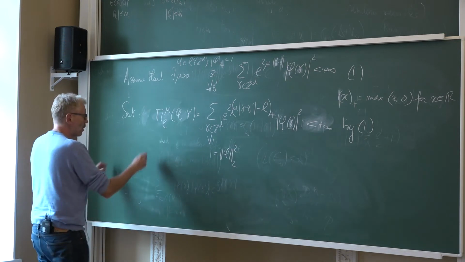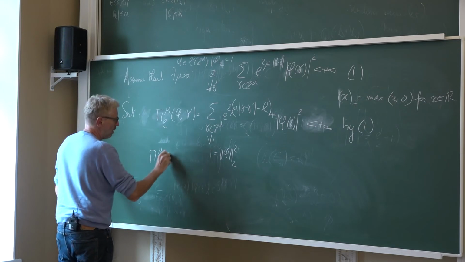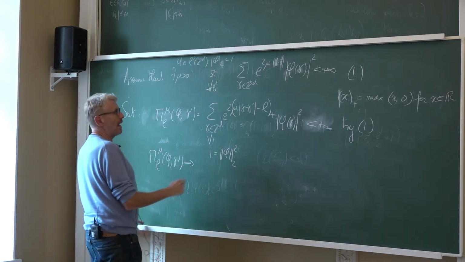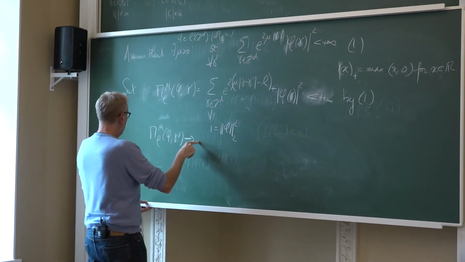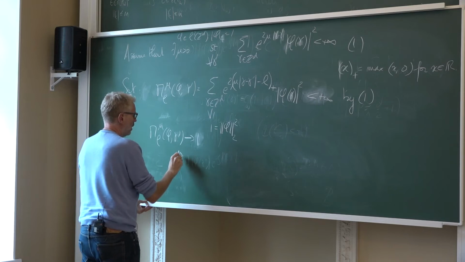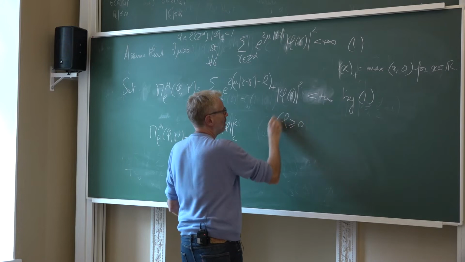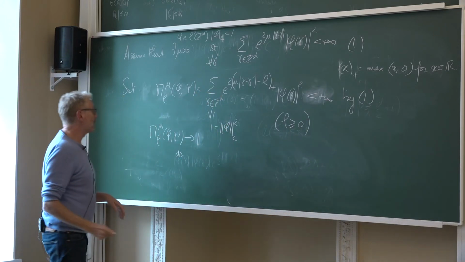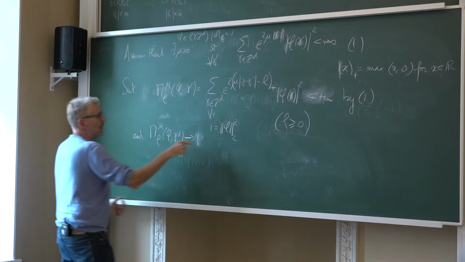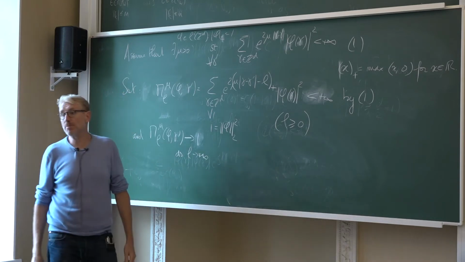And of course, you also have that M of L, mu, phi and gamma prime goes exactly to 1. And what is L? L is just a real number, a parameter. It's a real positive number. And this converges to 1 as L goes to plus infinity, just by dominated convergence.